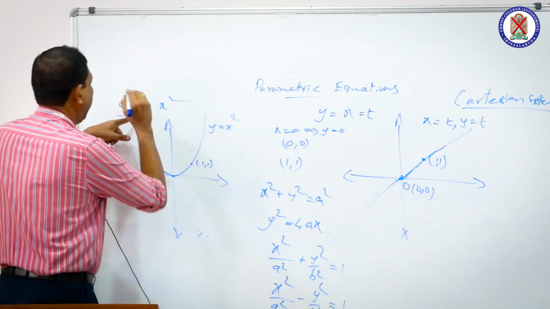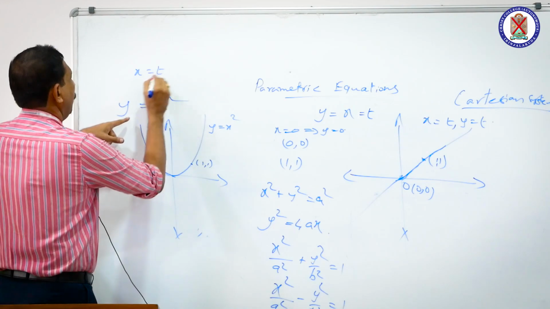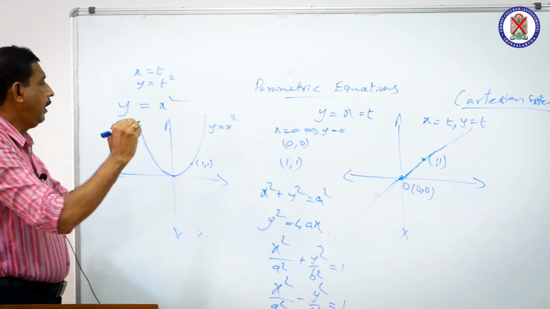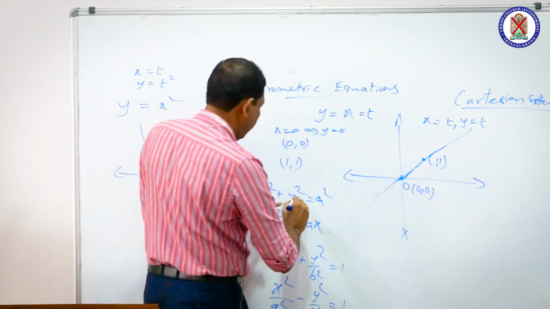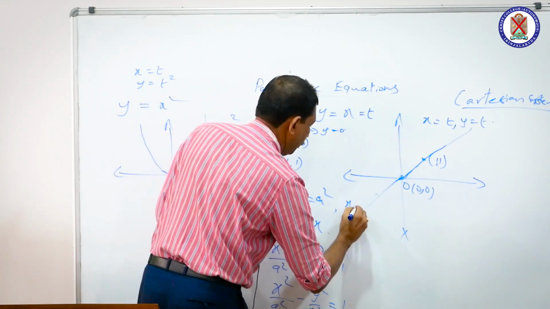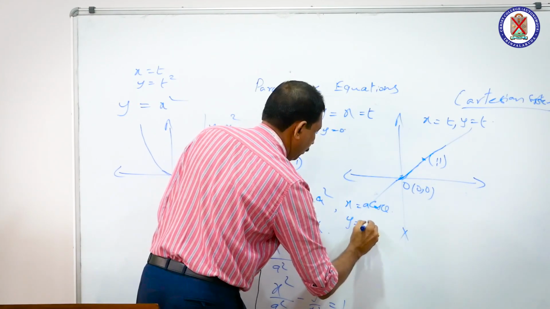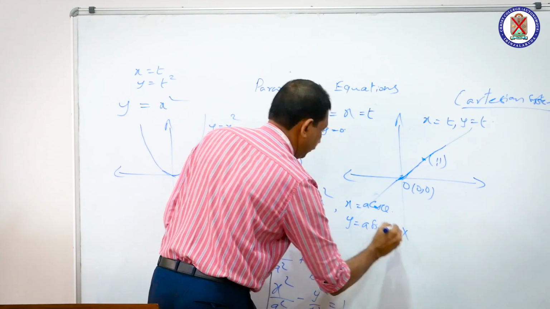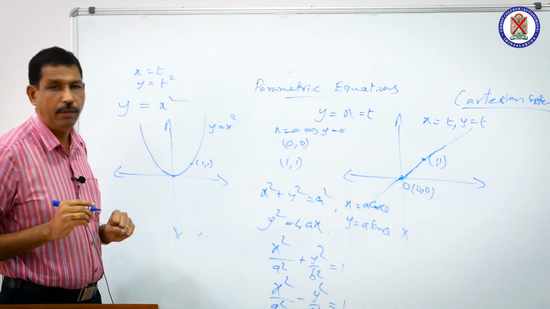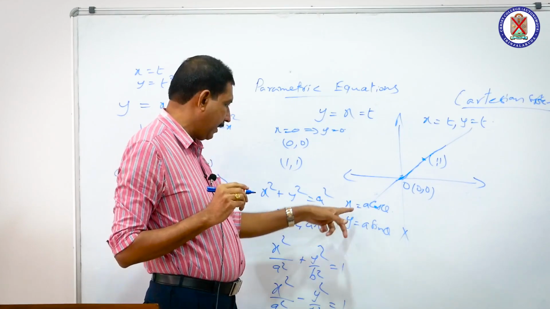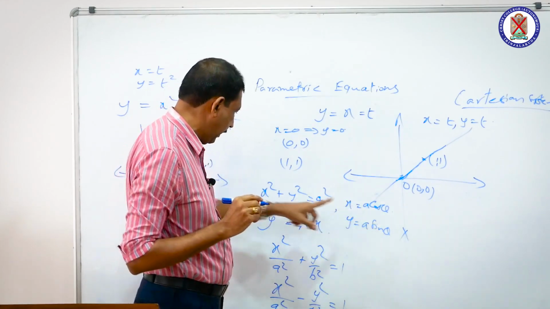Here, when I put x equal to t, y equal to t square. And here, when x equal to a cos theta, y equal to a sin theta, you can substitute x equal to a cos theta and y equal to a sin theta here.